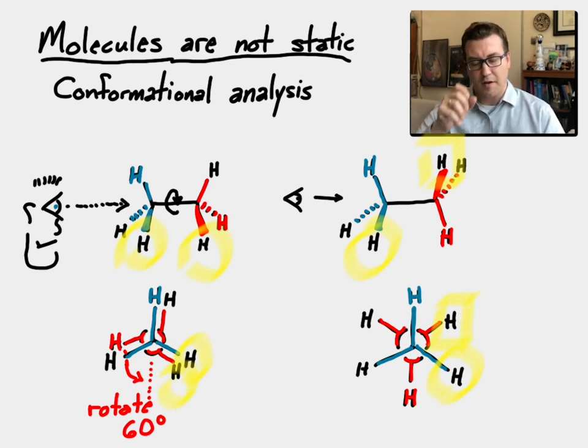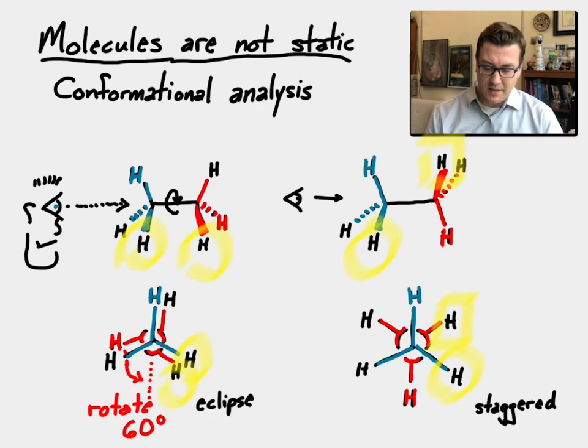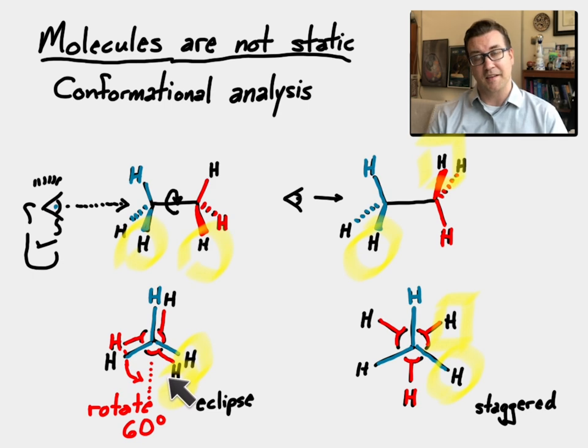So you're just rotating it counterclockwise in this case. It's important to recognize that these orientations have names as well. When we're in this orientation where the atoms are eclipsing each other, just like a solar eclipse or a lunar eclipse, we call this eclipsed. And in this orientation, when they're all as far away from each other as can be, we call that staggered.